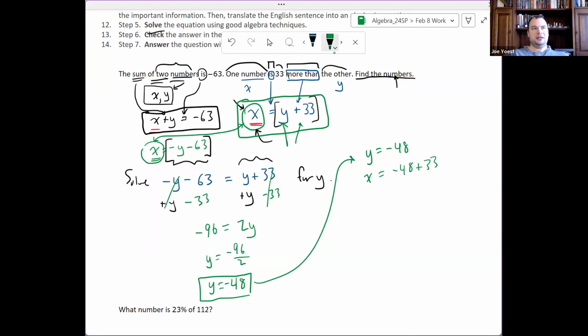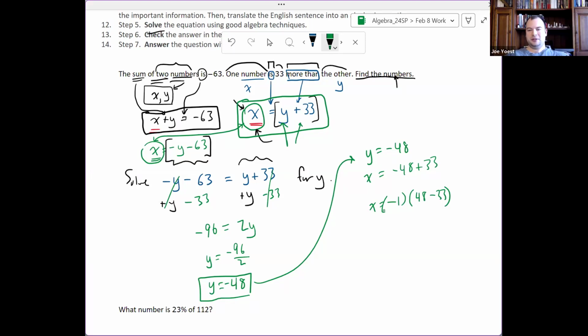Well, if I start at negative 48 on the left side of 0, and then I move to the right 33, this is going to be negative of, well, I can think of it as negative 1 times 48 minus 33. That's another way that I can think about it. I can think about it starting to the left and moving to the right, or thinking that I have this distributive property.